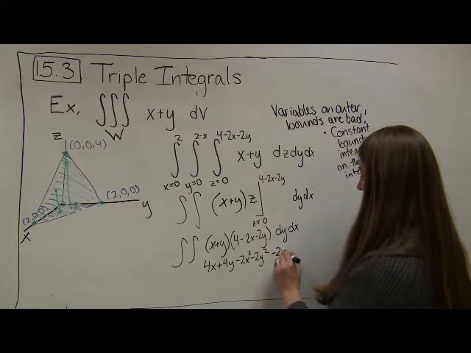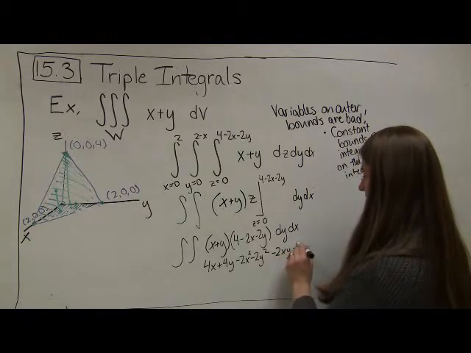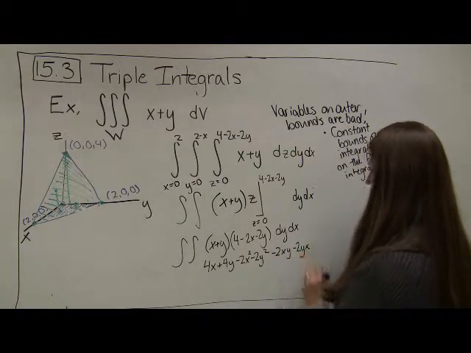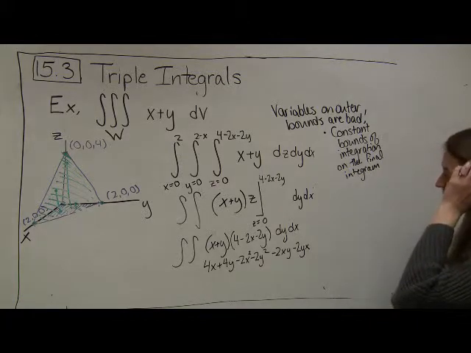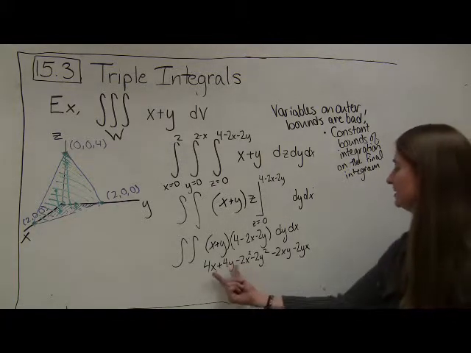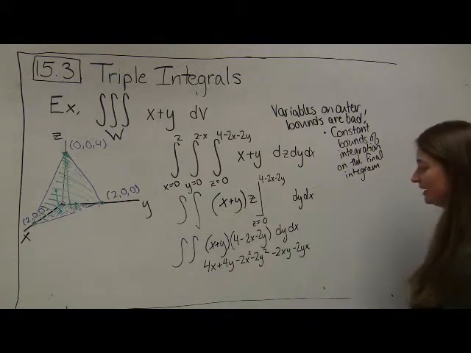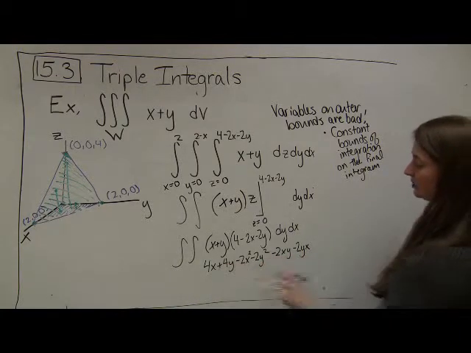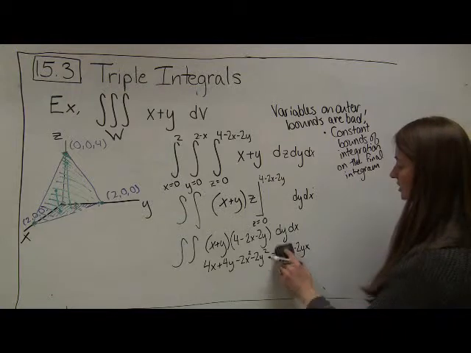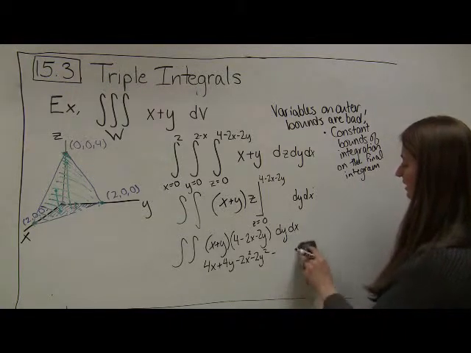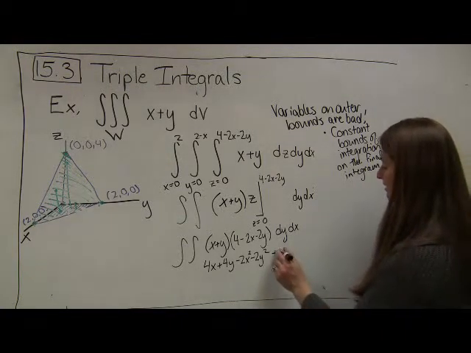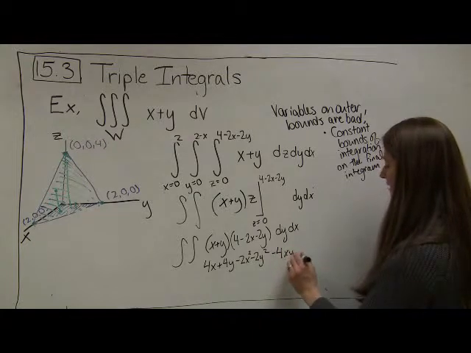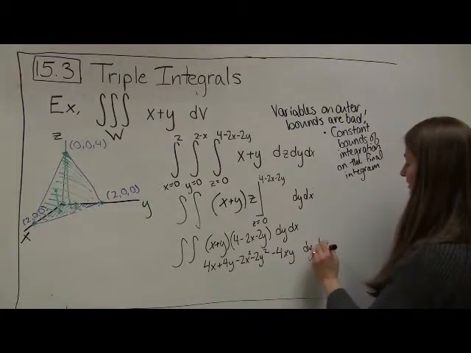Minus 2xy minus 2yx. There should be 6 terms here, and I think there are. All right, so we can see that these two terms can combine with one another, but none of the other terms can combine. So I can change the minus 2xy and the minus 2yx into minus 4xy dy dx.